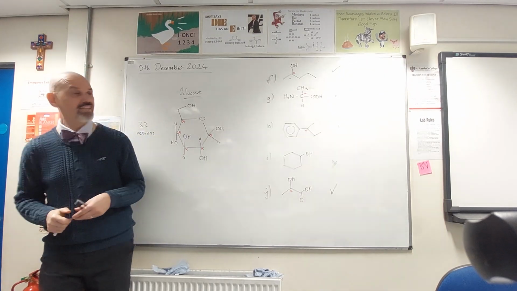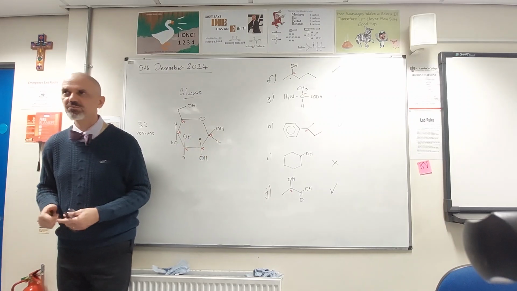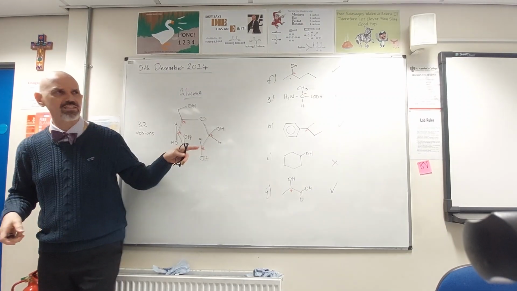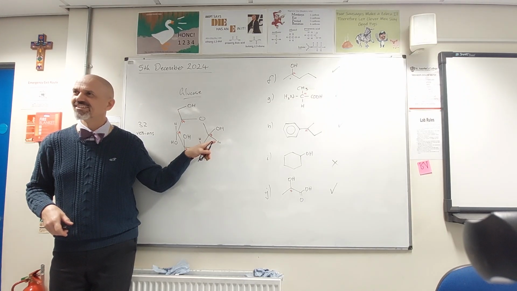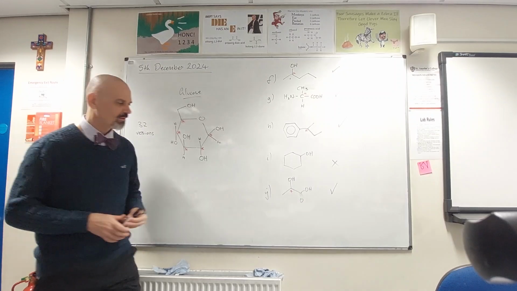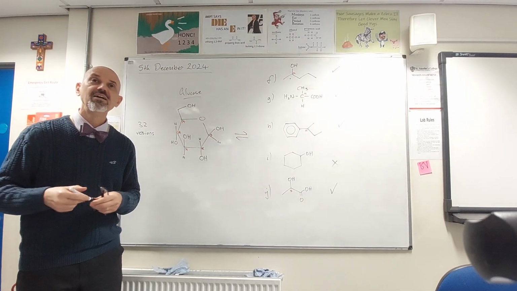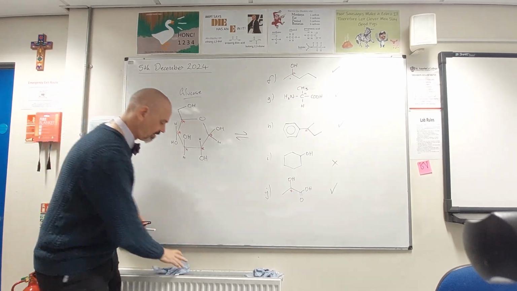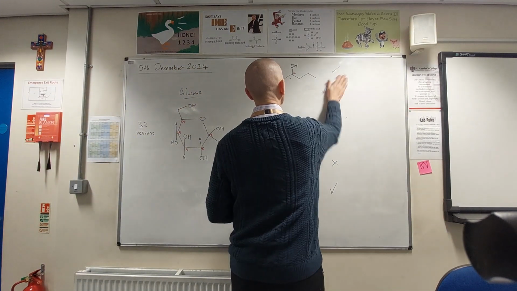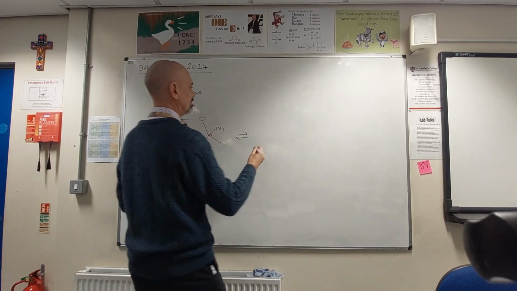How many does nature make? 2. It makes the alpha and the beta. Why can the alpha and the beta swap? I don't know the reason. Is it a sort of bond that forms? No, the glycoside bond forms after it's either alpha or beta.